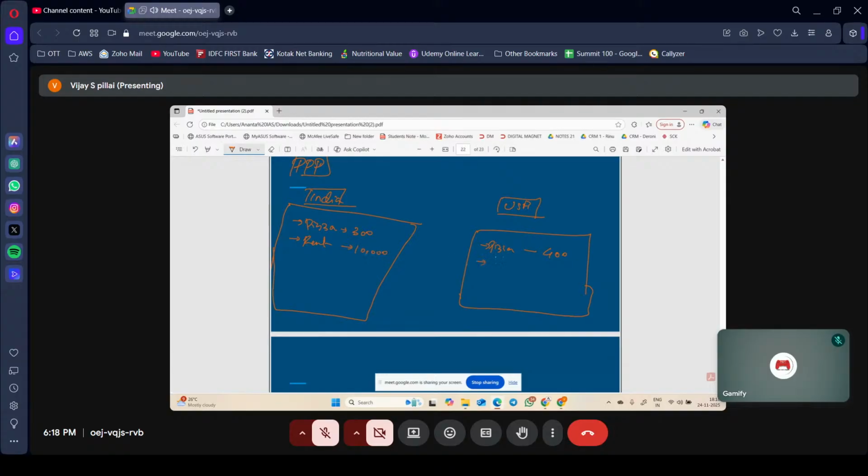In USA, it should be around $400. $400 is like 32,000. Then we talk about electricity or phone recharge. Phone recharge we can do for 250 rupees. Same in the USA, it will be $5 to $10, which is equal to 800.